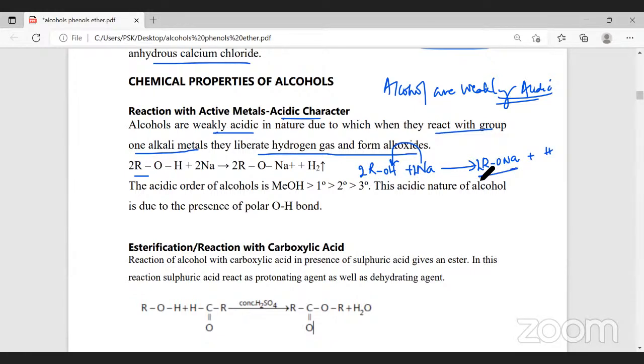You get 2 moles of salt, liberating what gas? Hydrogen gas, H2. Since alcohol reacts with alkali metals to give hydrogen, this proves that alcohols are very weakly acidic in nature. The acidic order of alcohols is that methanol is more acidic than primary.